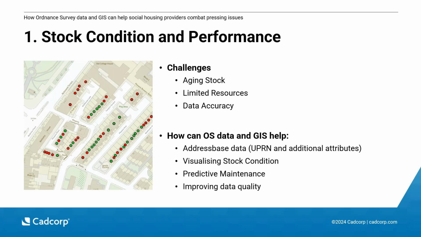And then Ordnance Survey provide accurate and up-to-date information on addresses and building curtilages, and when integrated with internal business data, provides the opportunity for an accurate, up-to-date, and reliable stock database that can help make those kind of informed business decisions that you need to make.